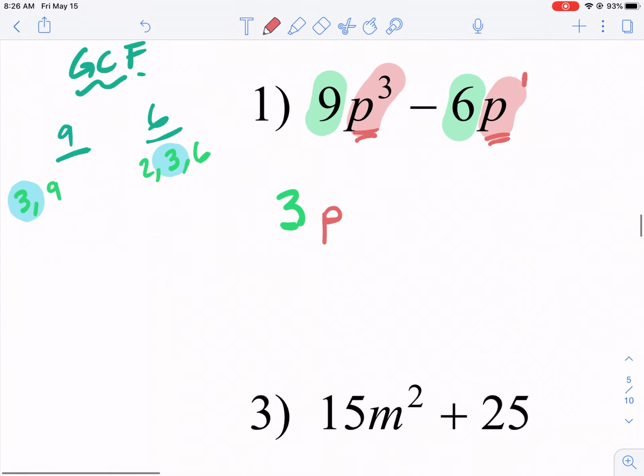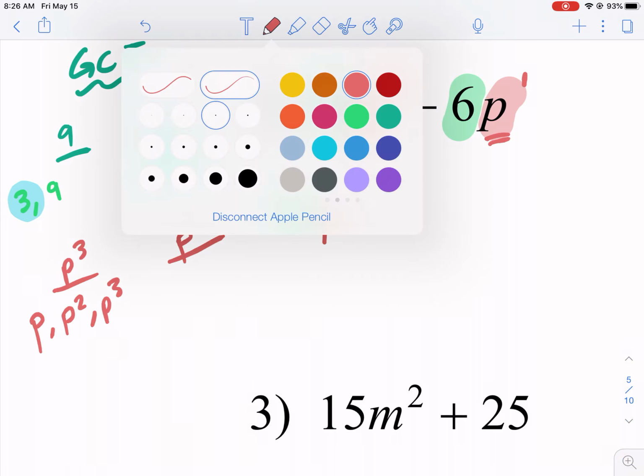Now, why do we use the variable with the smallest exponent? Because it is inherently a factor of the other one. If we're listing factors here, we know that p, p squared, and p cubed are all factors of p cubed. Why? Because p times p squared equals p cubed. Let me show you this.